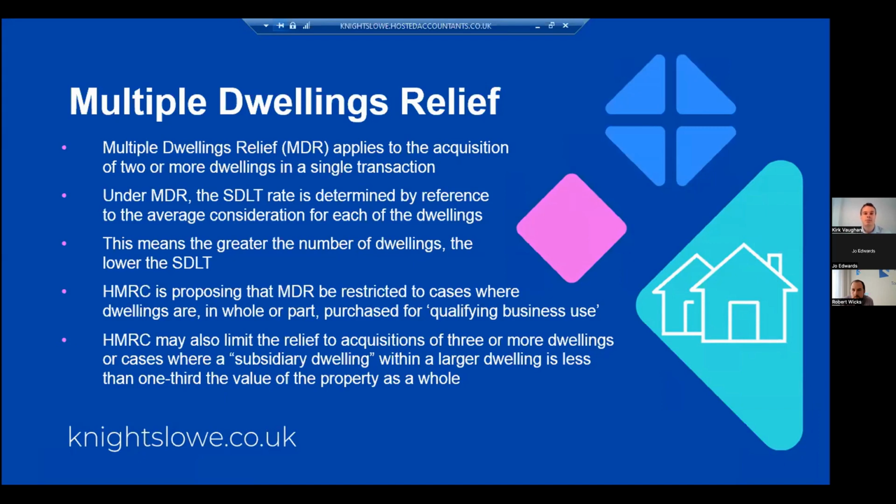Now, that often comes back with a much lower stamp duty land tax cost because you're able to benefit from the lower rates of stamp duty multiple times based on how many properties you're purchasing.